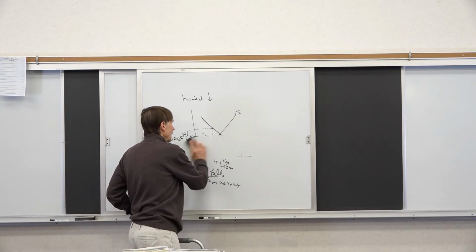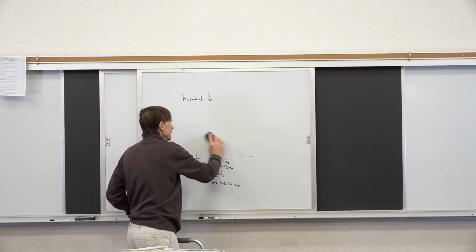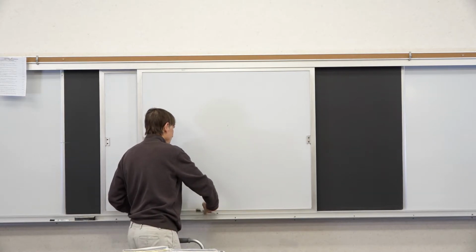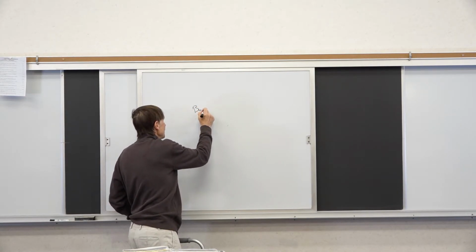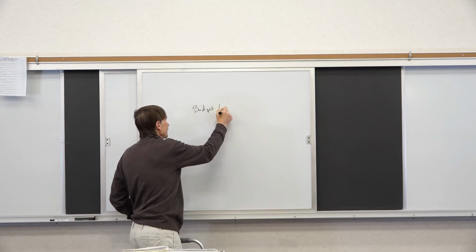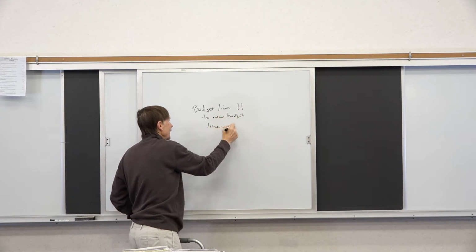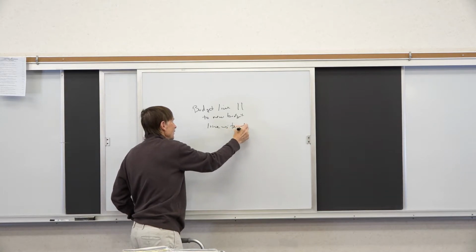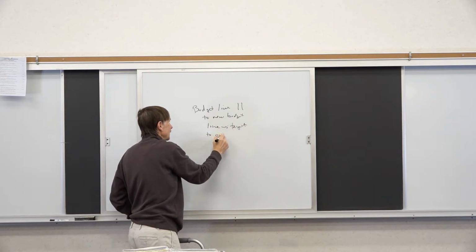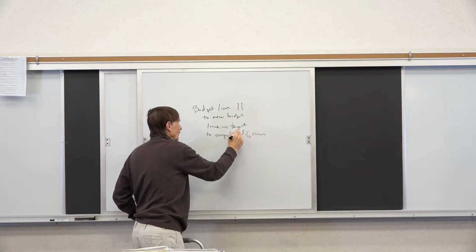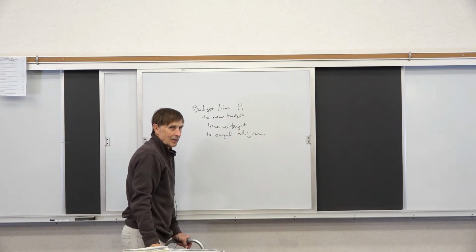I'm just going to draw a budget line that's parallel to the new budget line and make it tangent to the original indifference curve. All right, and we've done that a bunch of times.